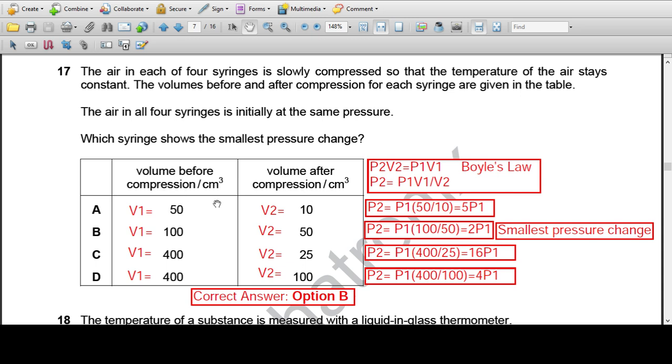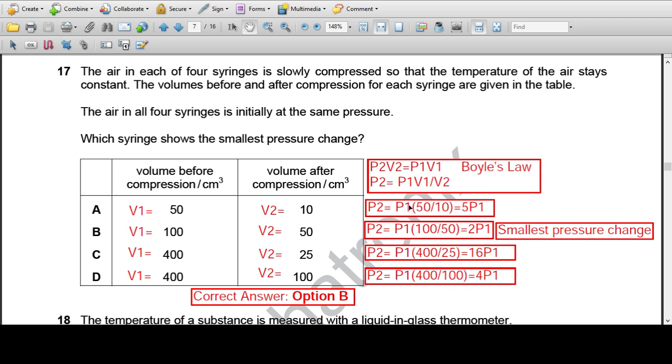From 50 it decreases to 40 cubic meter, from 100 cubic meter to 50 cubic meter, 400 cubic meter to 25 cubic meter, 400 cubic meter to 100 cubic meter. This is volume 1 and this is volume 2. We know Boyle's law: P2 V2 is equal to P1 V1. So P2 is equal to P1 V1 upon V2.